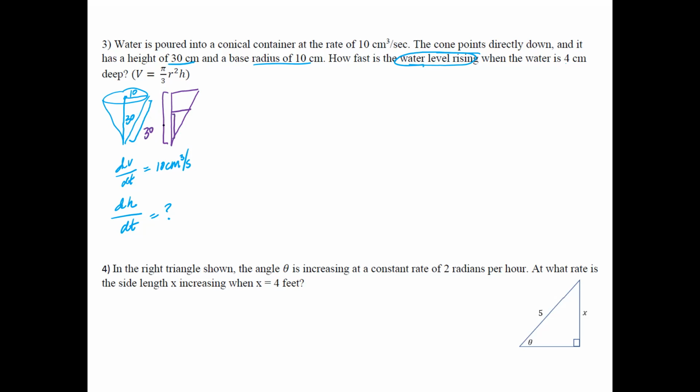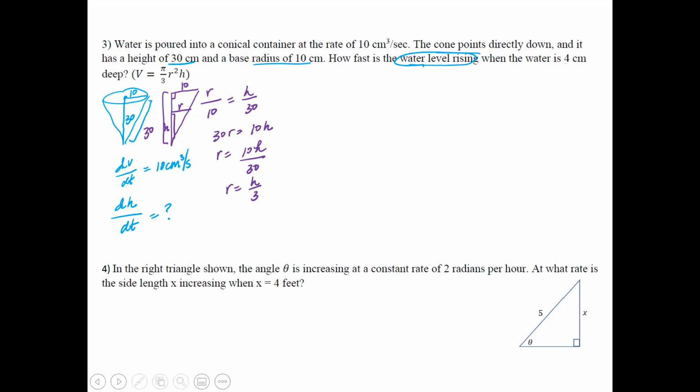This little piece here is the height. Here's your radius, and this piece right here is 10. So I could do r over 10 equals this little height h over 30. So from here, 30r equals 10h, and the radius is equal to 10h over 30. So r equals h over 3.